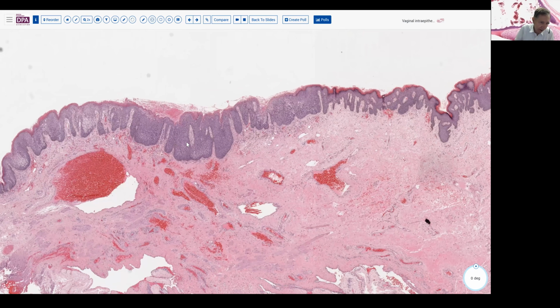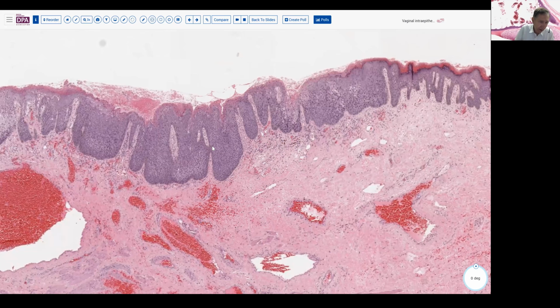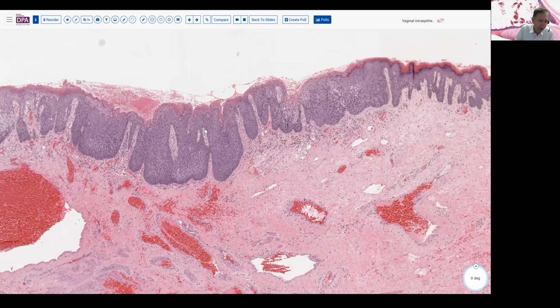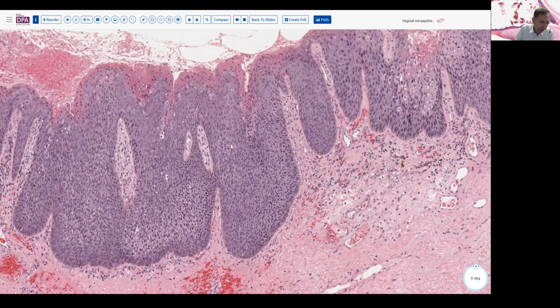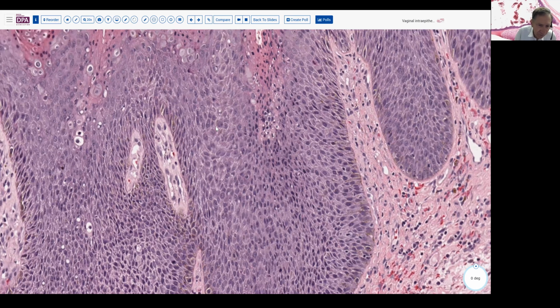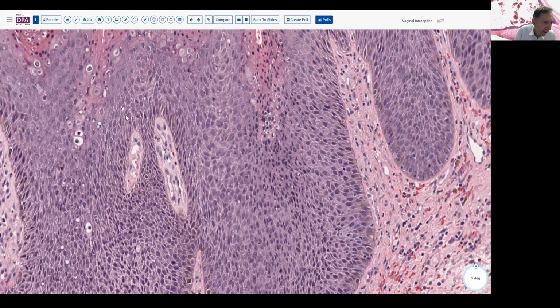And here we see a nice full thickness or nearly full thickness lesion with a little bit of hyperkeratosis, variability of the size and shape of the nuclei in the epidermal component, some expansion or thickening of that component, and at higher magnification, some significant nuclear atypia.